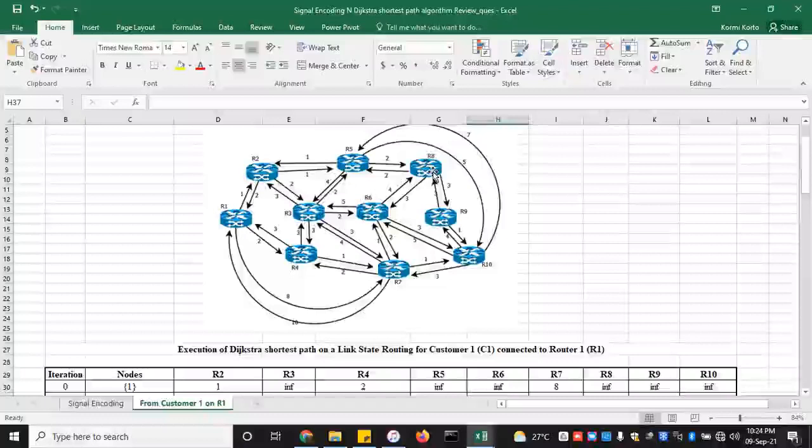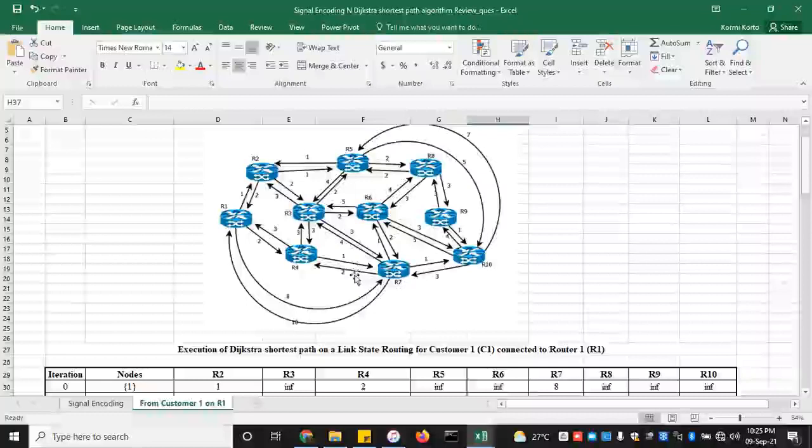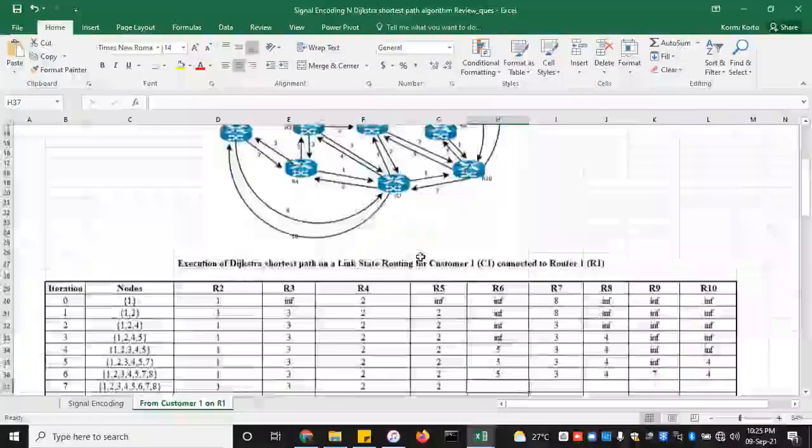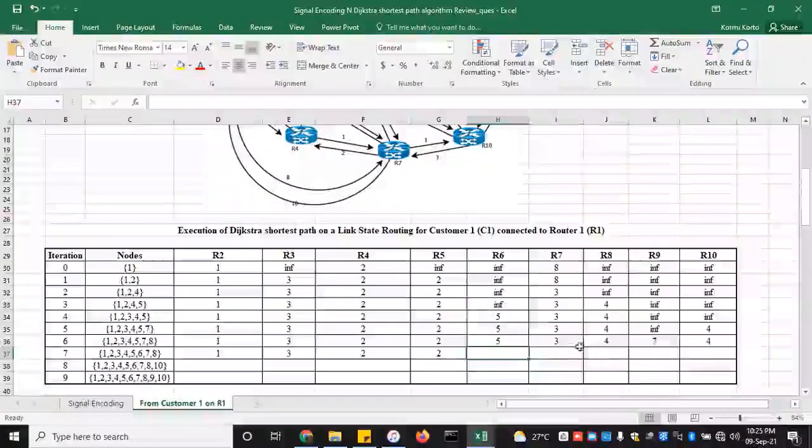Right? The question: which one of these will have the least cost? We can go through them. If we were to go through this path, we would have 2 plus 1, which is 3. 3 plus 1 is 4. 4 plus 4 is 8, which is still too high.